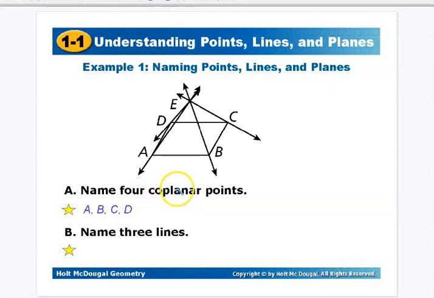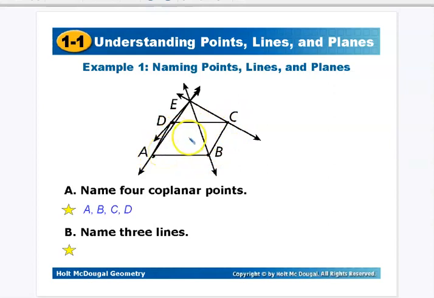An example of that would be locations A, B, C, and D. Take a look here. A, B, C, and D all exist on this plane that I'm highlighting with my cursor.